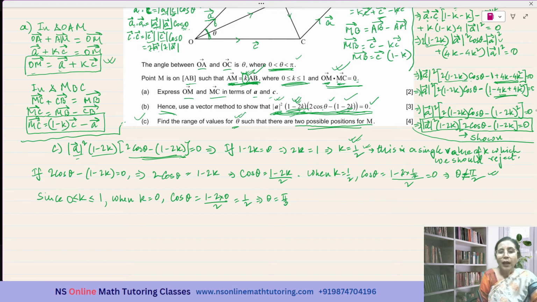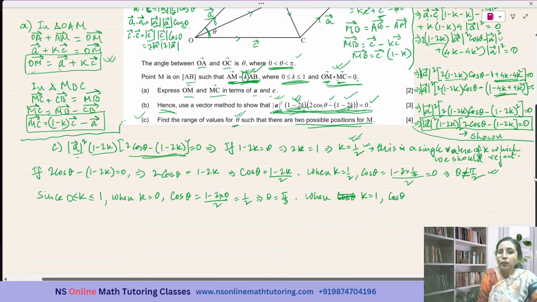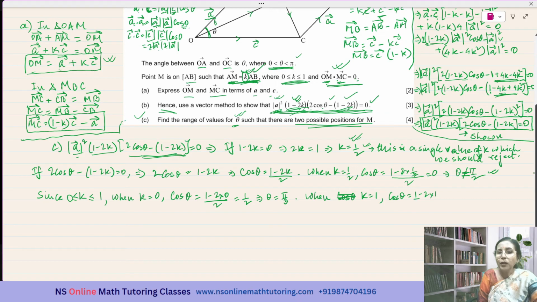And when k is equal to 1, cos theta is equal to (1 minus 2 times 1) over 2, equal to 1 minus 2 is negative 1, over 2. This implies cos theta is a negative number. That means theta is from the second quadrant. So theta is equal to 2 pi over 3.